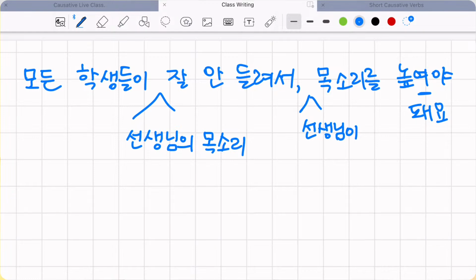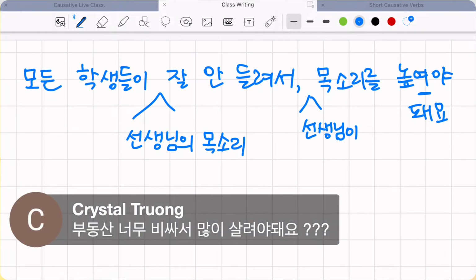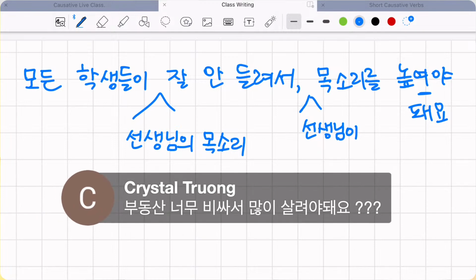그 다음에 부동산 너무 비싸서 많이 살려야 돼요. So the real estates are too expensive, so 많이 you have to make them live. You have to so Crystal님, I'm not sure what you were trying to say with 살리다 here.